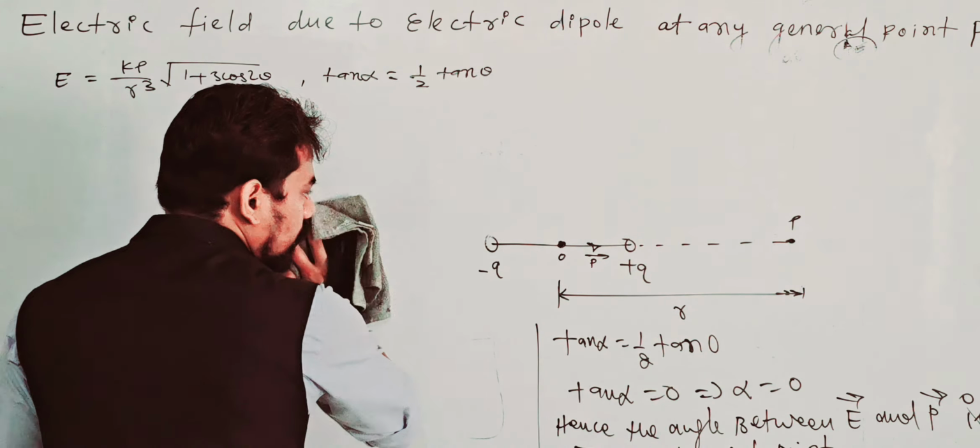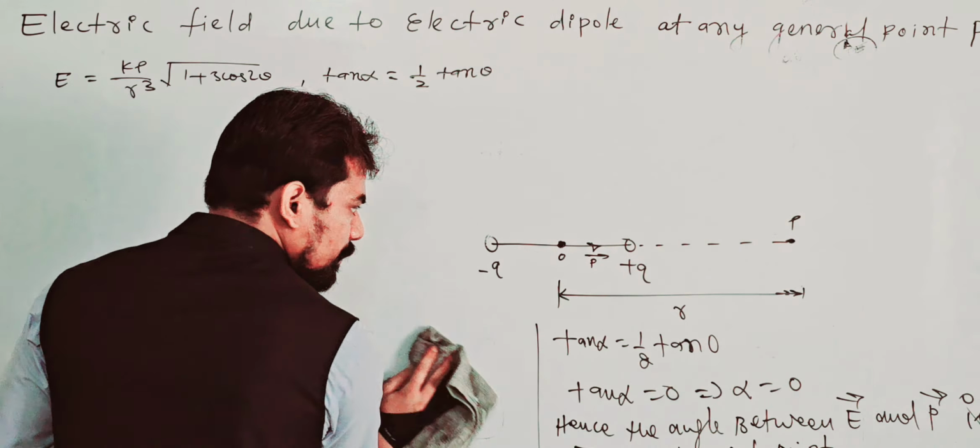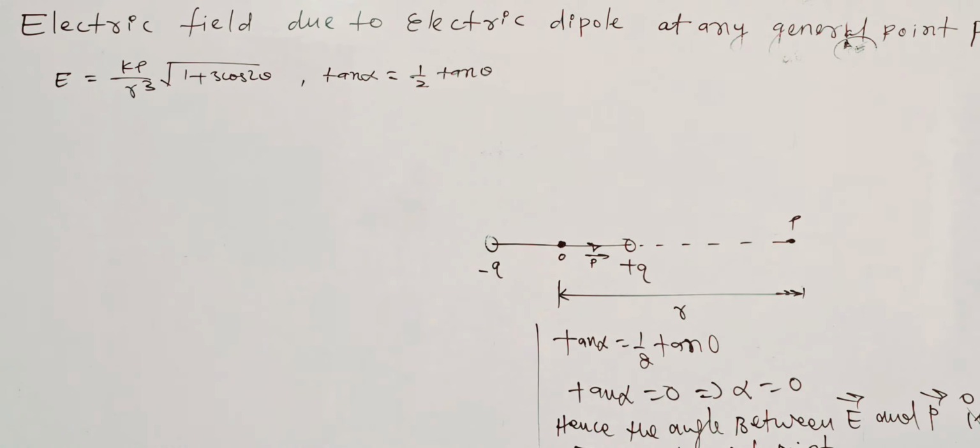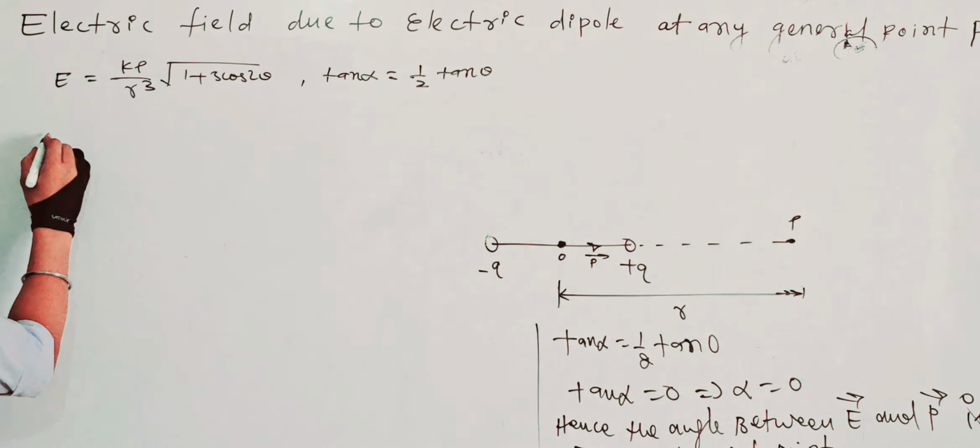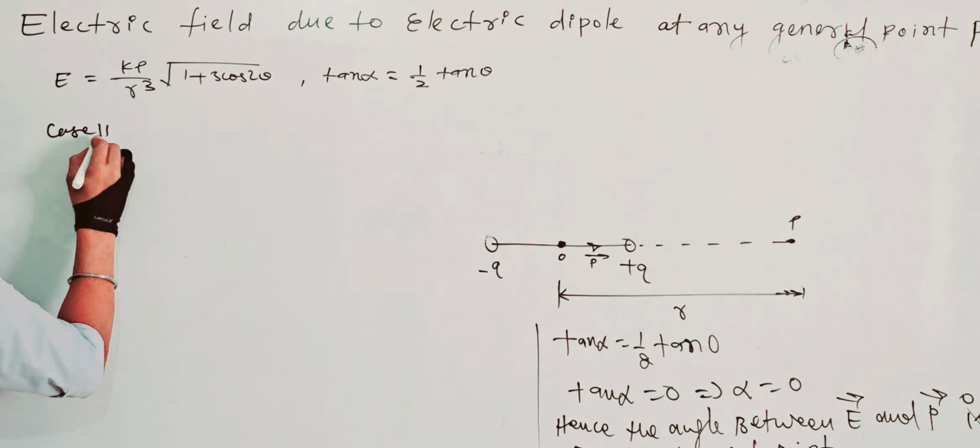Special case 2, we will study the diagram. We can keep this one only, and the point will shift to the equatorial. Case 2, students will write case 2.